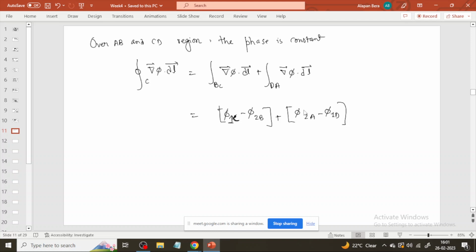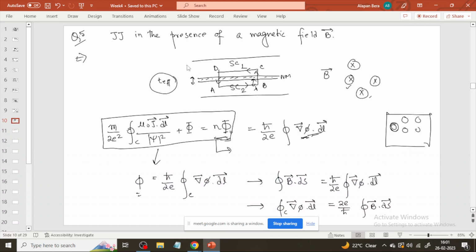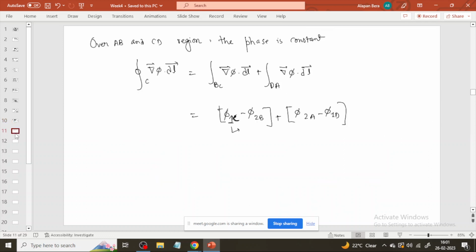Why is it like this? This 1 denotes the superconducting region 1, and this one we denote as region 2. So 1D means the point D in superconducting region 1, and 2A means the point A in superconducting region 2.